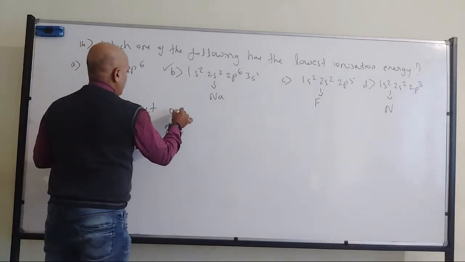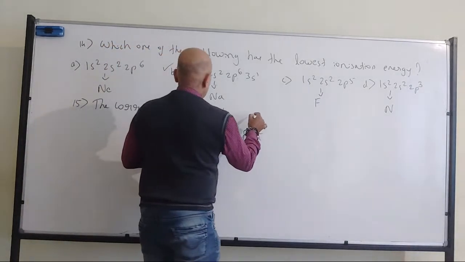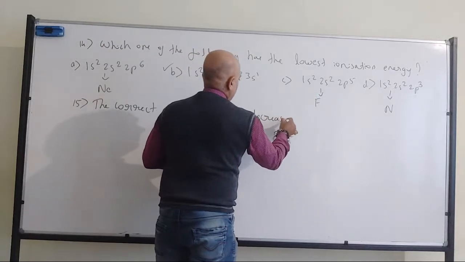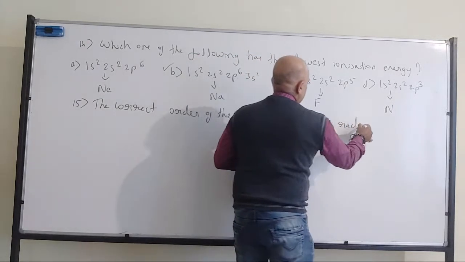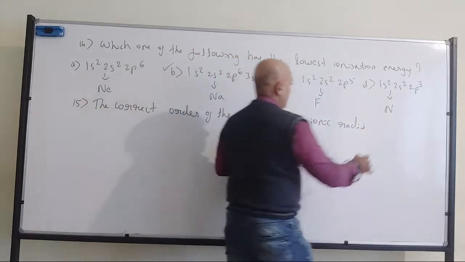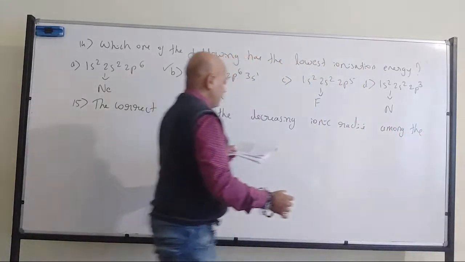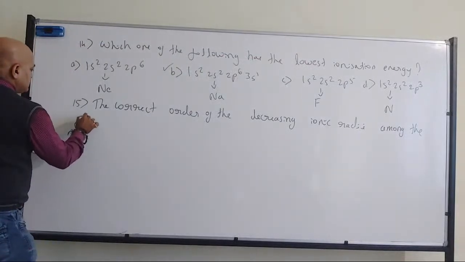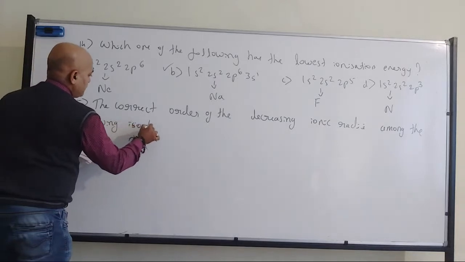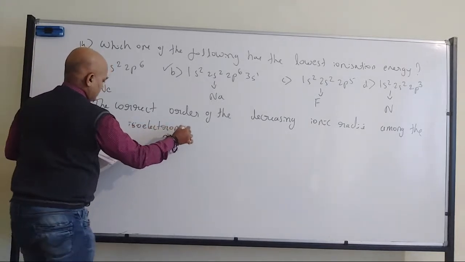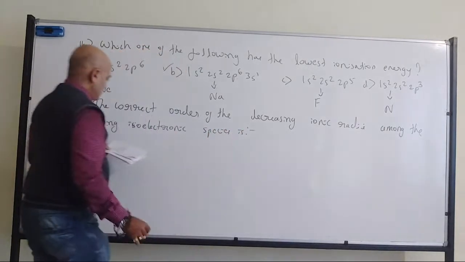The correct order of decreasing ionic radii among the following isoelectronic species is.